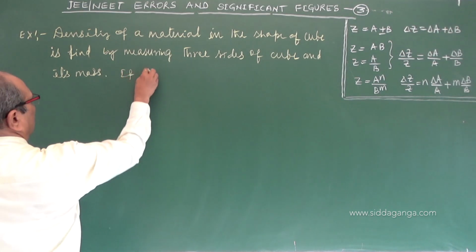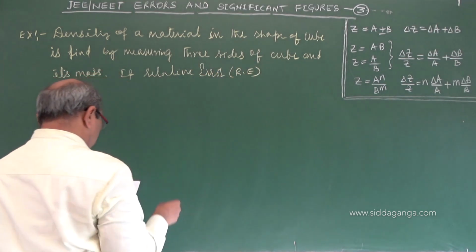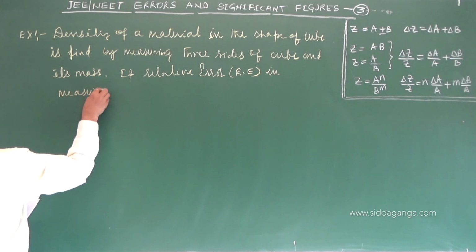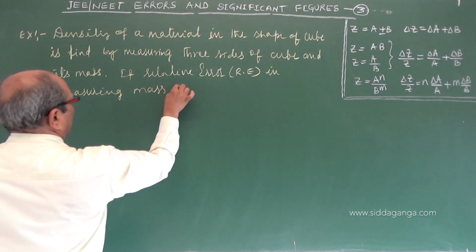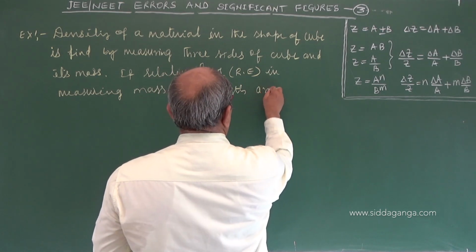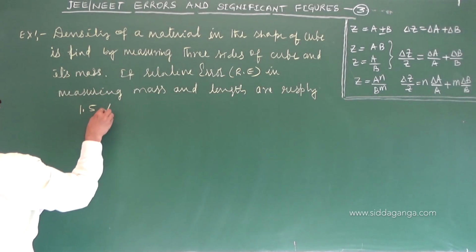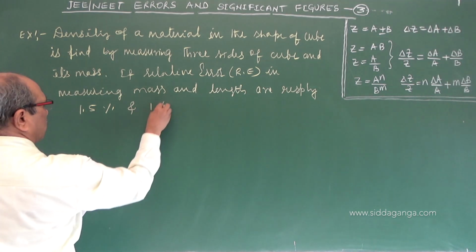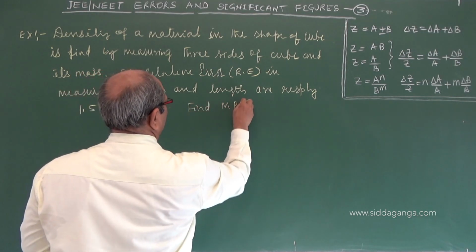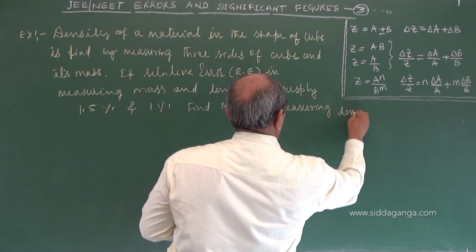If the relative error, which I always write as RE, in measuring mass and length are respectively 1.5% and 1%, find the maximum possible error in measuring density.